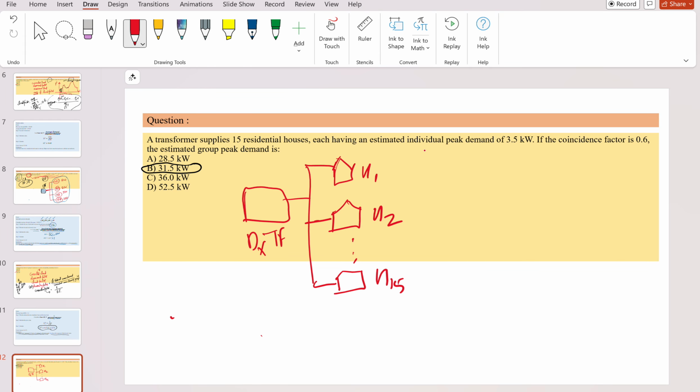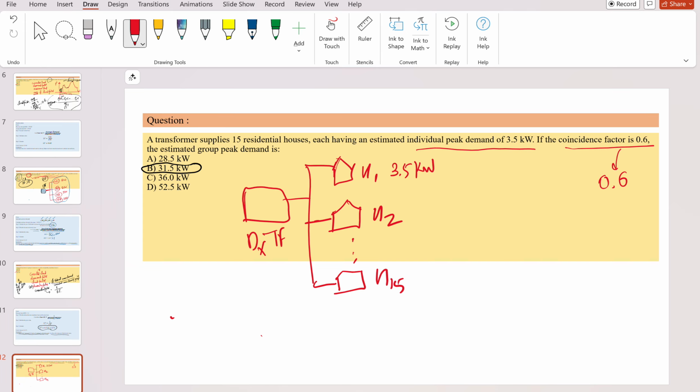Each has an estimated individual maximum peak demand of 3.5 kilowatts. Suppose individual peaks are 3.5, 3.5, and 3.5. The coincidence factor is given as 0.6.